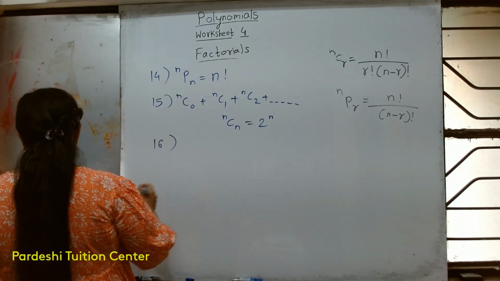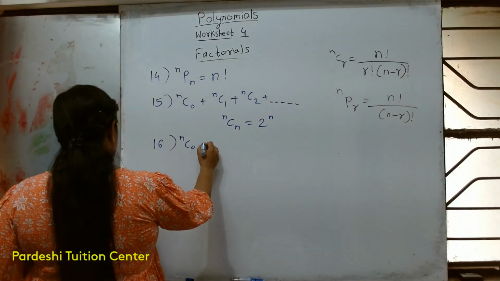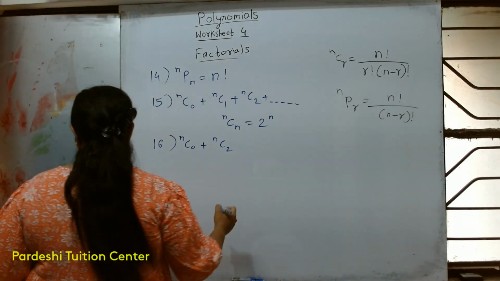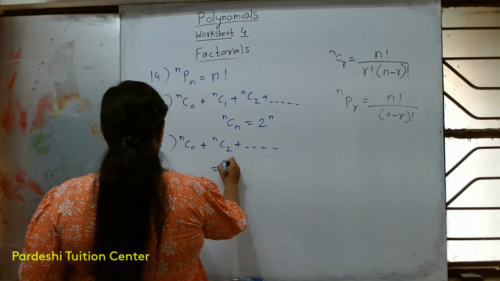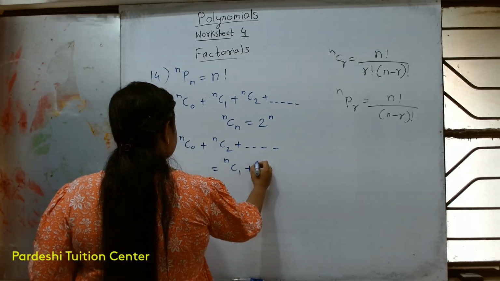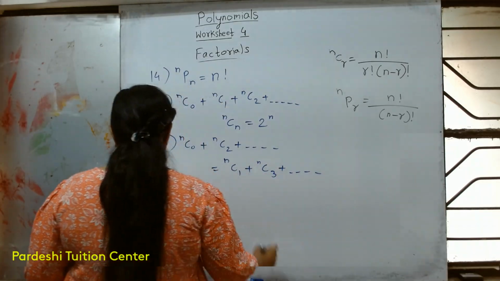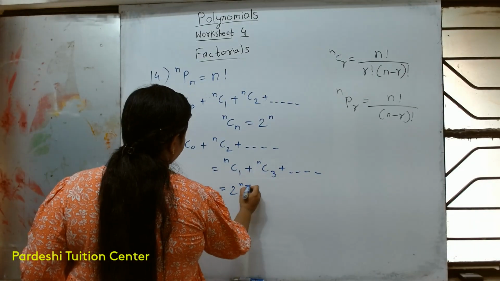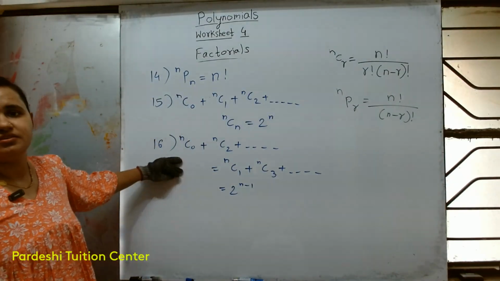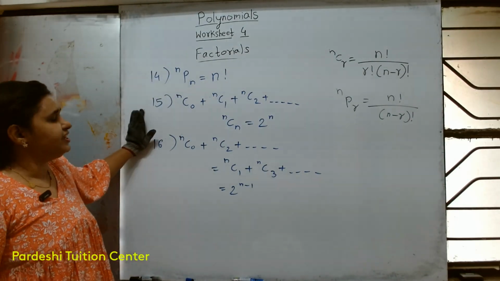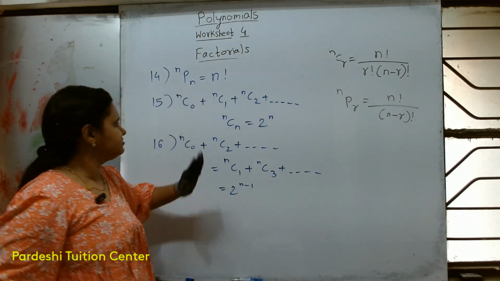Now again 16th, it is nC0 plus nC2 plus and so on, equals nC1 plus nC3 plus and so on, equals 2 raised to n minus 1. It is also important, the formulas which are coming in the worksheet we will revise again.